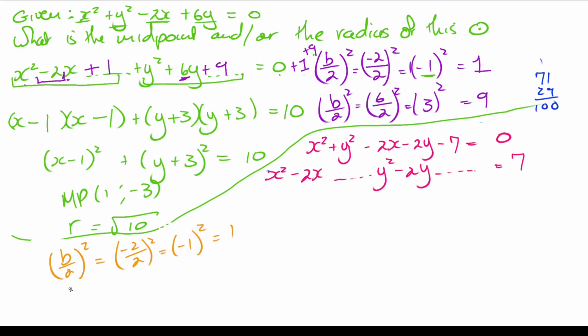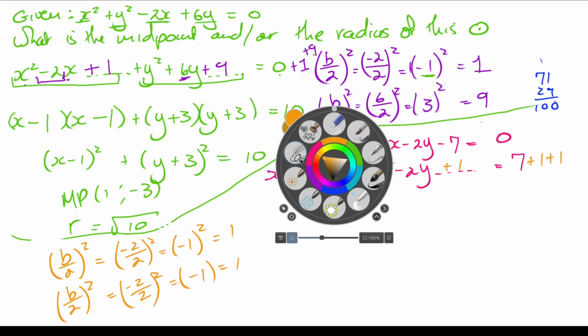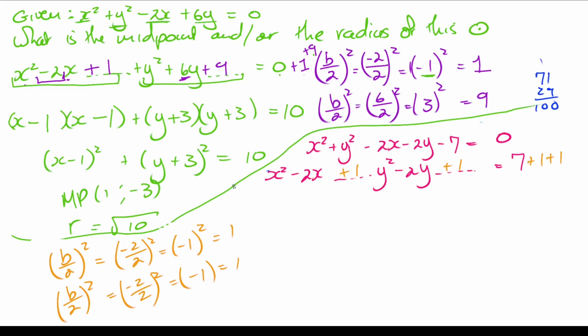equals 1. And b over 2 equals, really? Did I copy that down correctly? I sure did. It's exactly the same. -2 over 2 equals -1 equals 1. Plus 1, plus 1. And we're going to add all of these, plus 1, plus 1. All right.